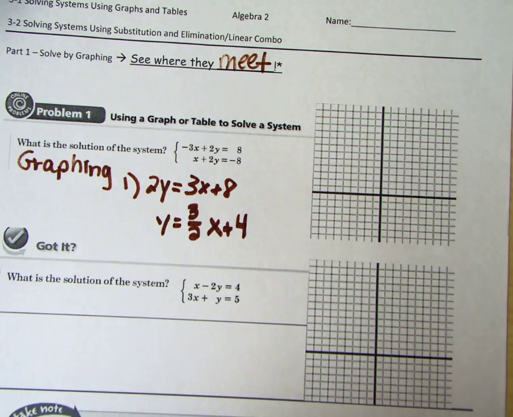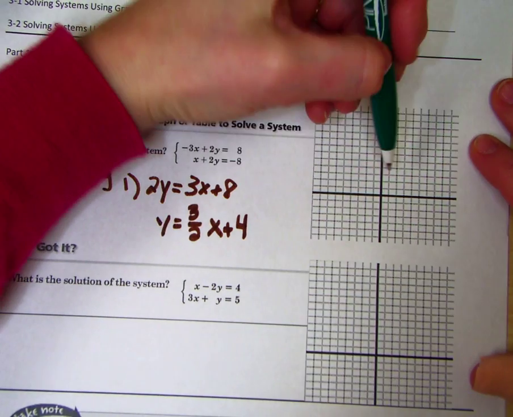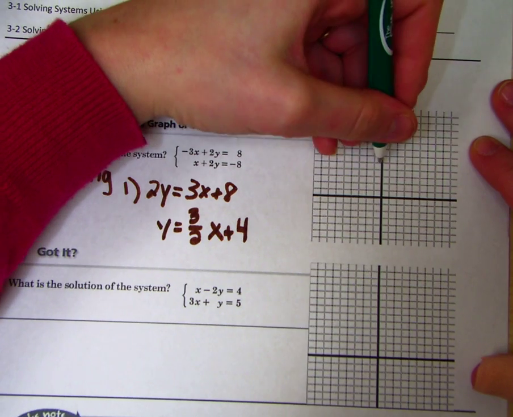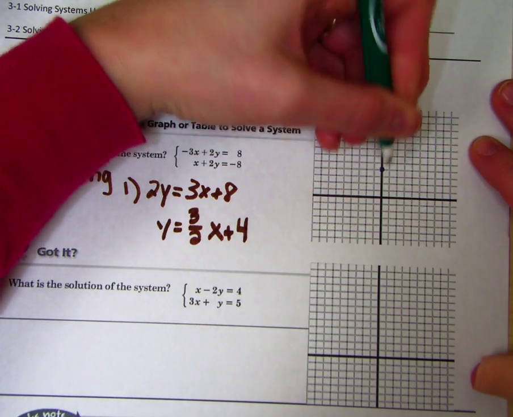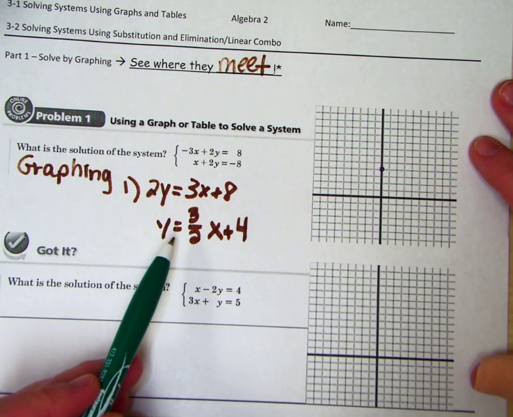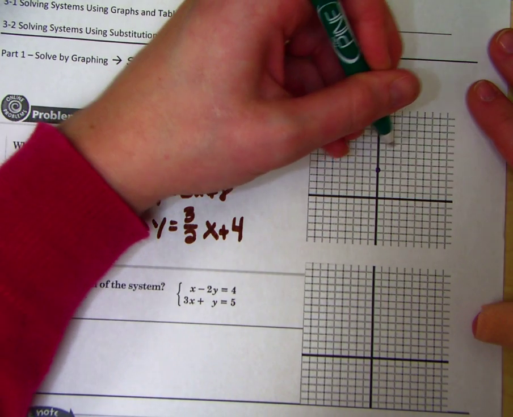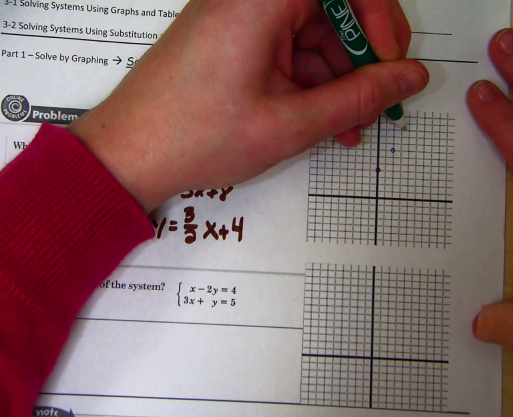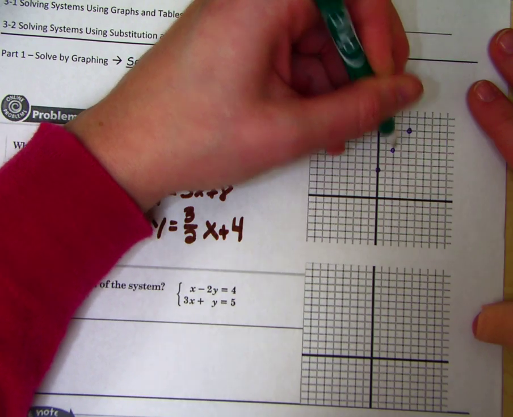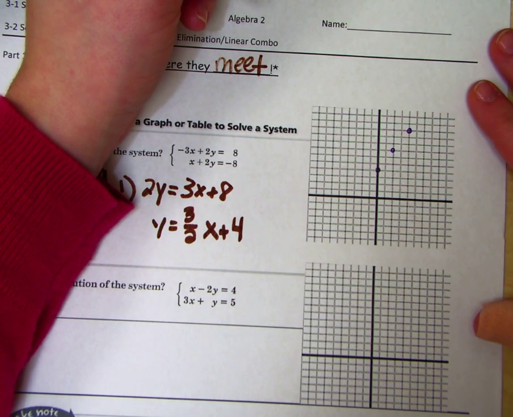Start by going up 4. Then use your slope to rise and run, up 3, right 2. Give yourself some points on the right and the left.